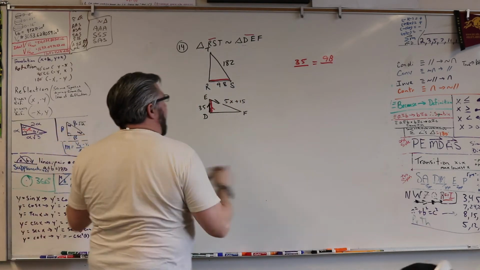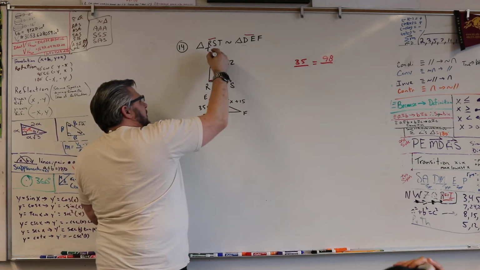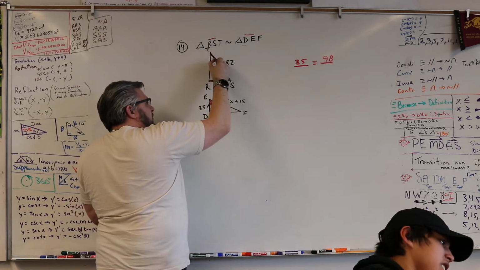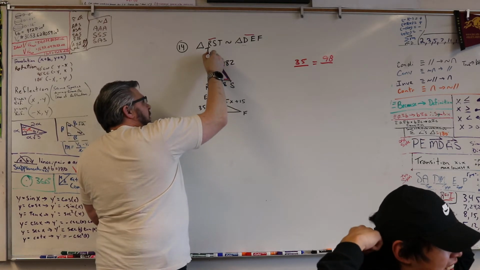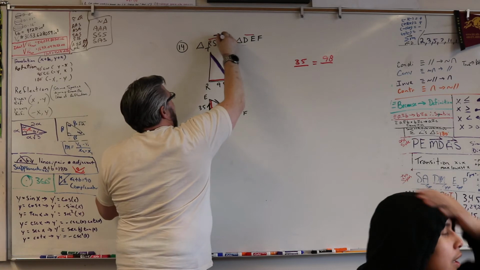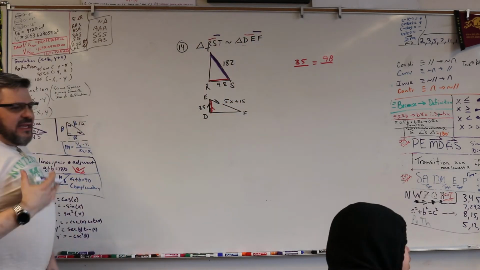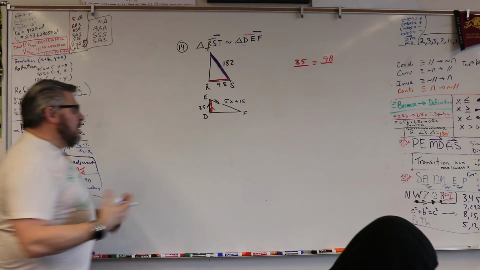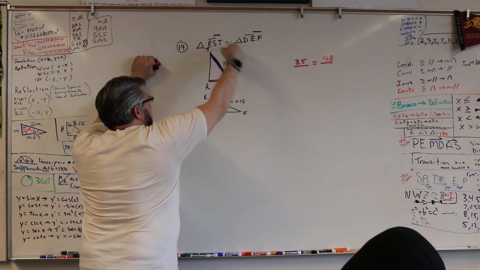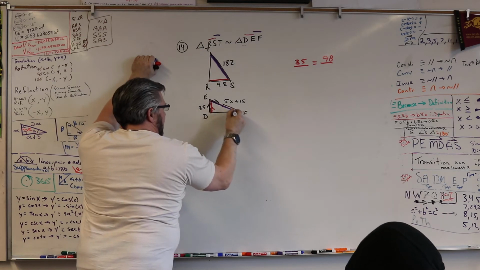And then we'll do a purple side, okay? So this is the long side. So this purple side is, what is this? ST, right? So the ST would be to the EF. So ST is to EF. Okay?